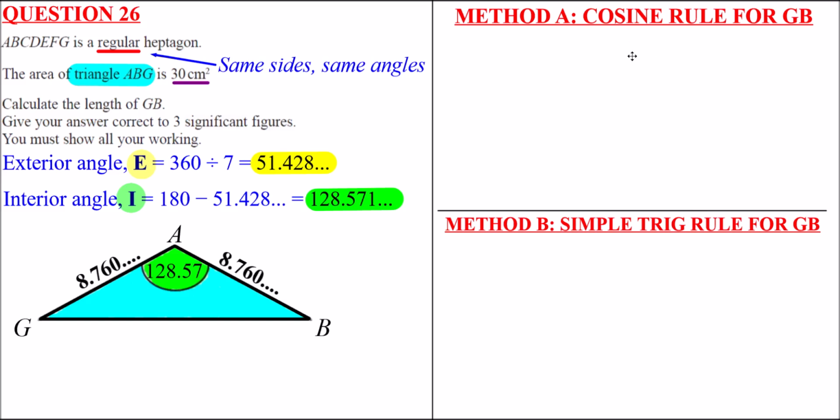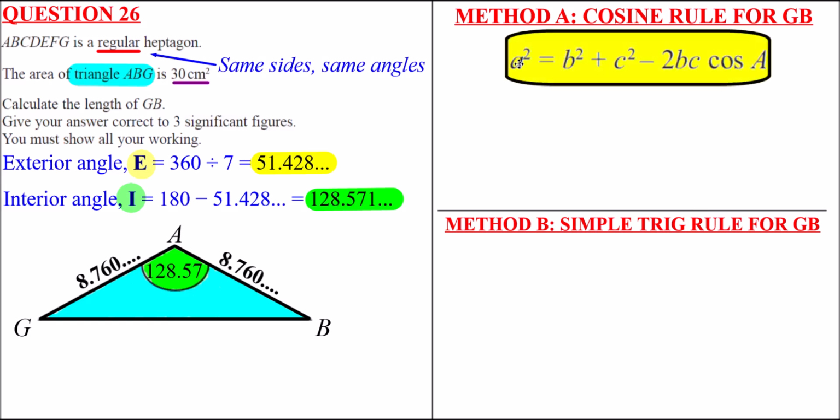The cosine rule is as follows. It's a squared equals b squared plus c squared minus 2bc cos A. A squared is the subject, and I'm going to label a as the side I want to find. So I want to find GB, and I'm going to call this a. Essentially all I need to do is square root this whole thing, so that's what I'm after.